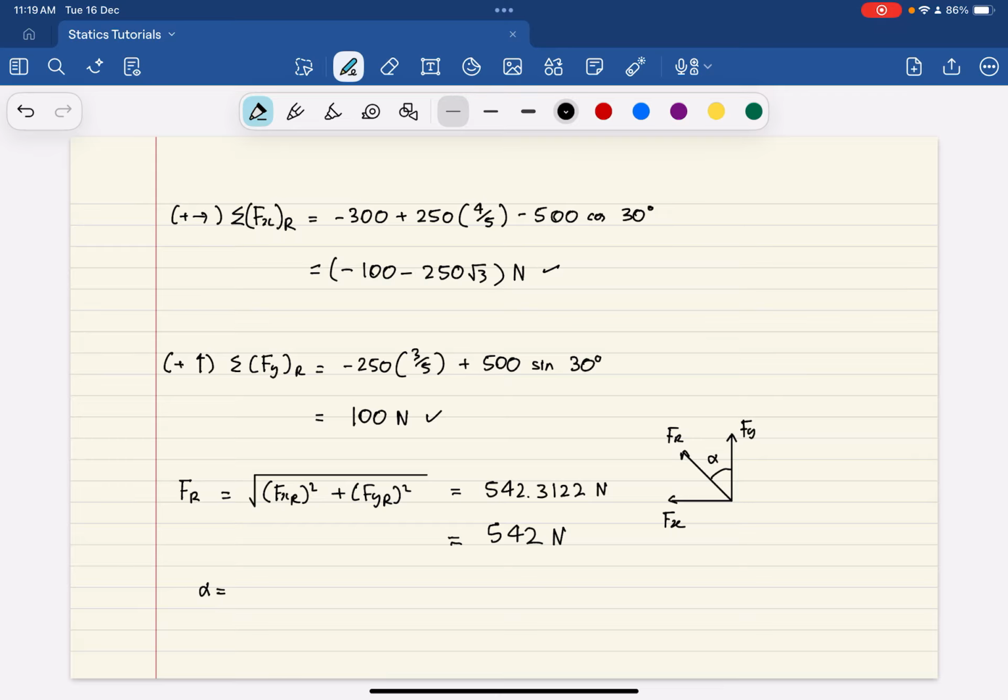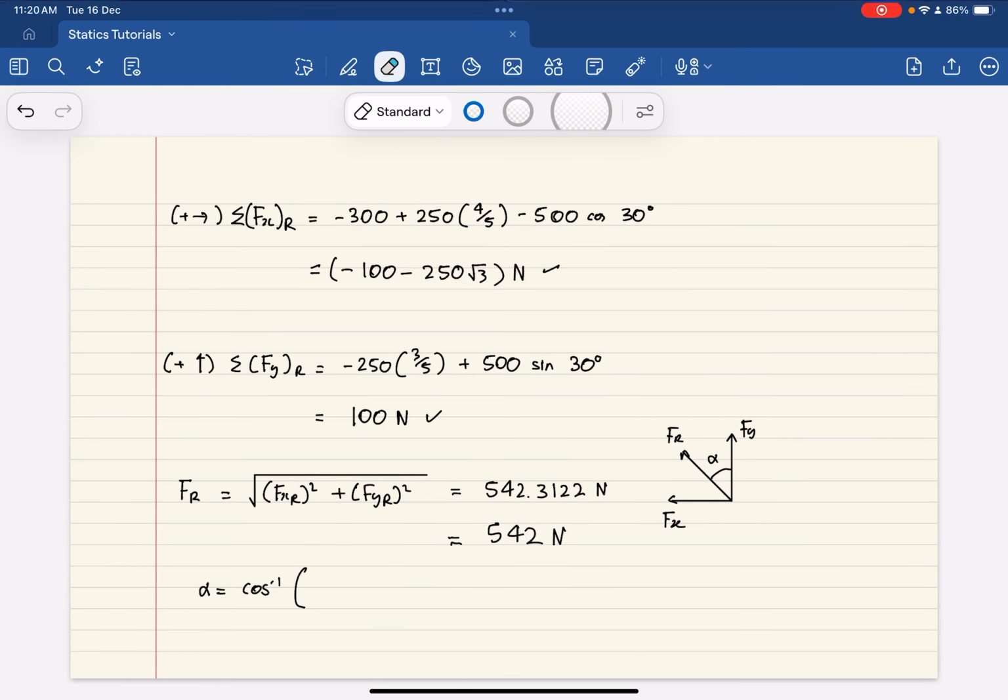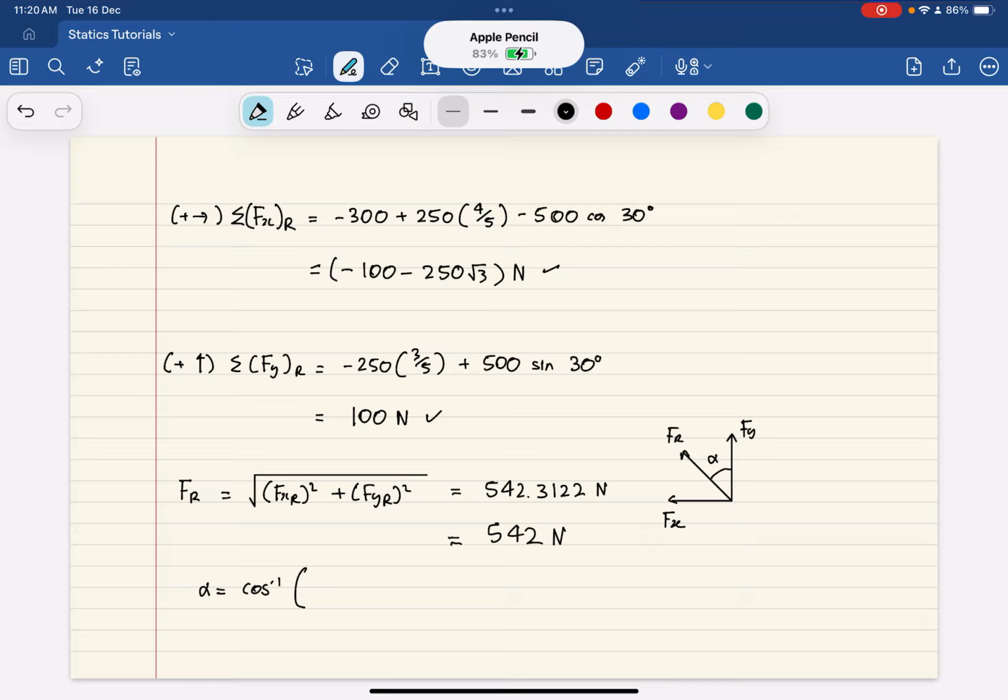So alpha is the cosine inverse of 100 over 542.3122. Okay, let me just make sure it's correct.